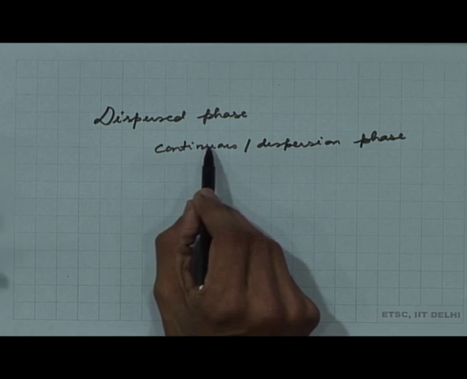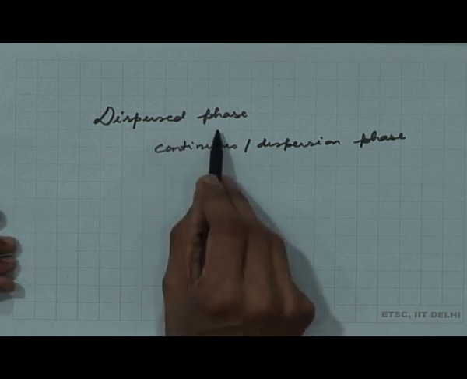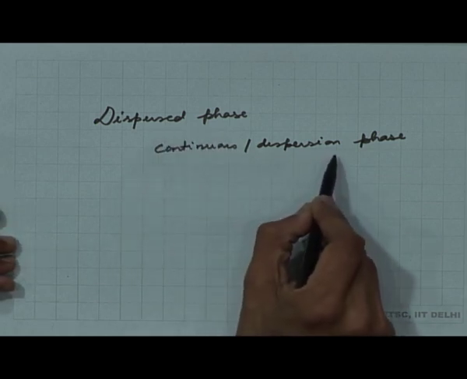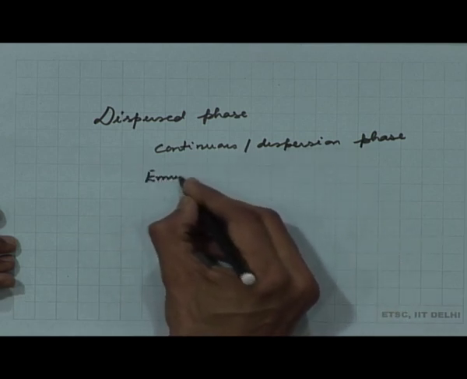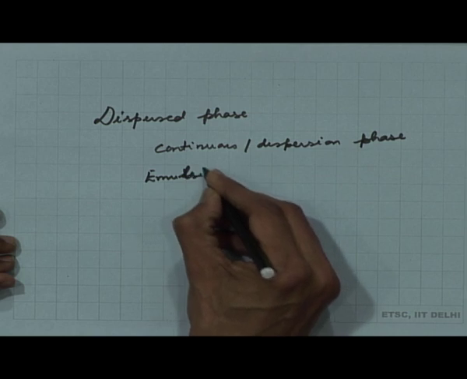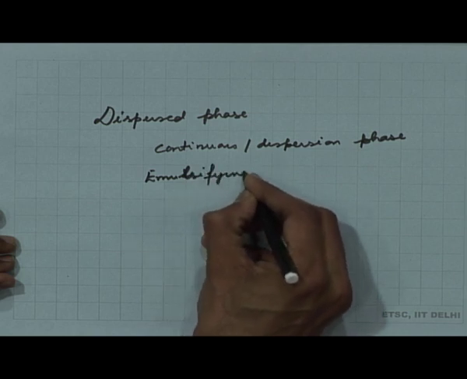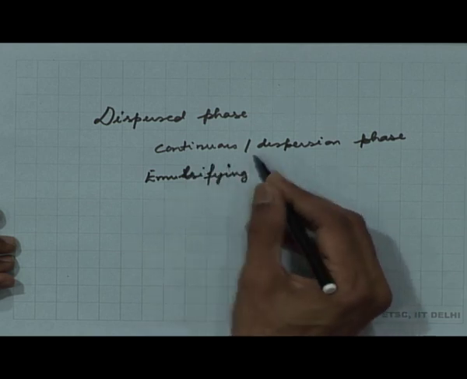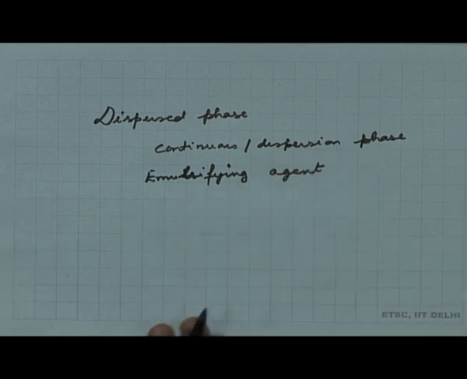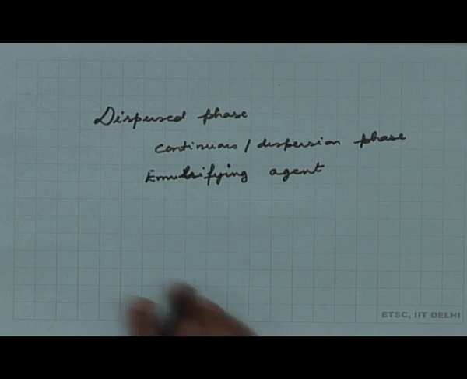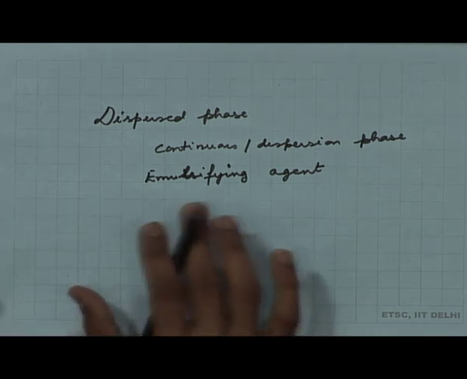So, often when you put a dispersed phase into a continuous or dispersion phase, we also need something which helps the stability of the dispersed phase in this colloidal solution, and that is typically called an emulsifying agent. So, this is what holds this together.